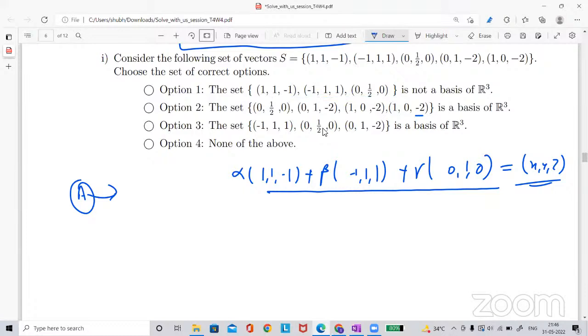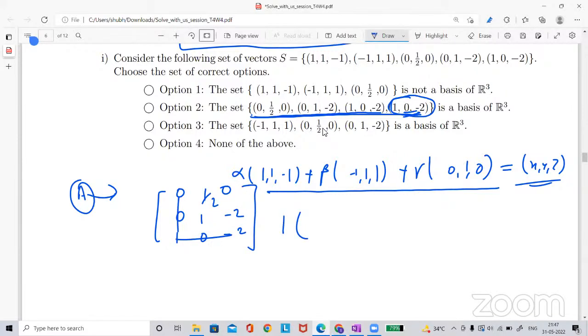Sir, when you eliminate some vector which is dependent on another vector, then we can get a basis. Here, in this set, if you eliminate this one and check these three vectors, 0, 1, minus 2, 0, minus 2, 1, the determinant of the matrix using these three vectors is non-zero.